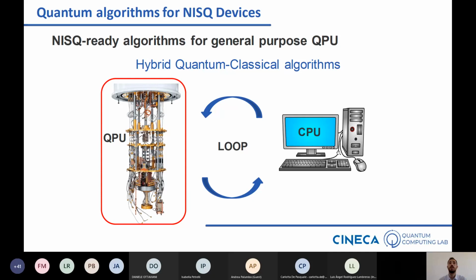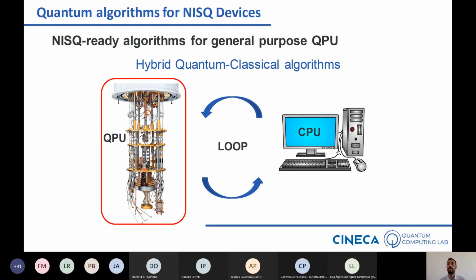Let's say what you do with your quantum computer is you run a circuit, then you send the output of your quantum algorithm to a classical computer that somehow analyzes it.